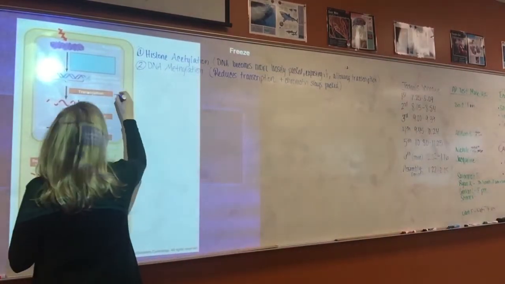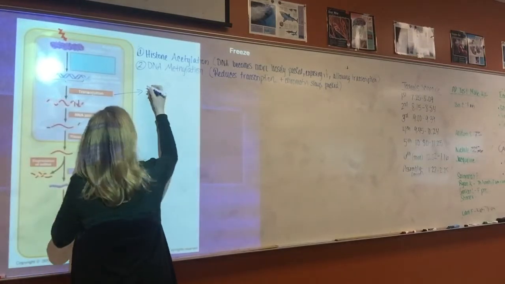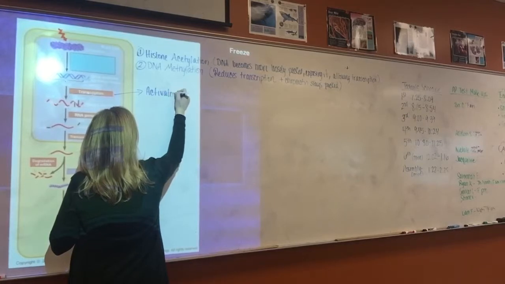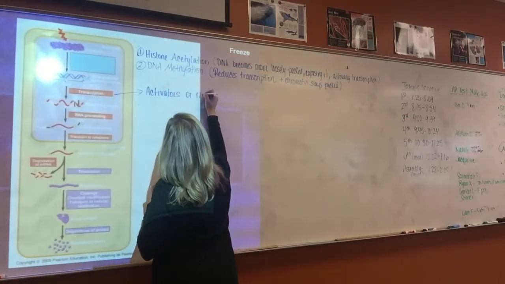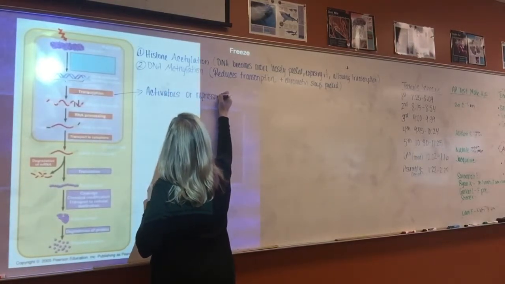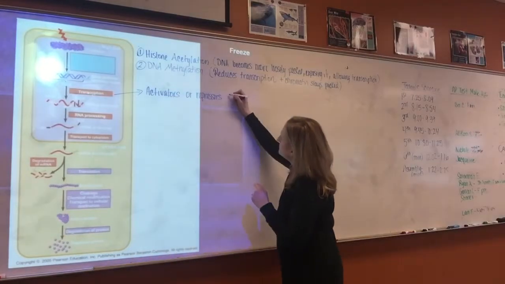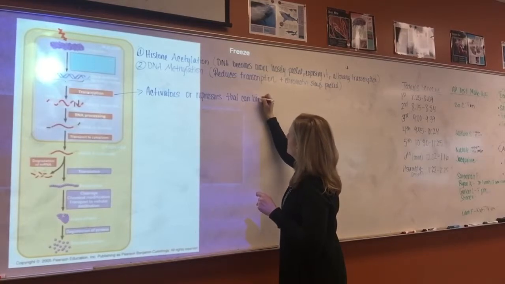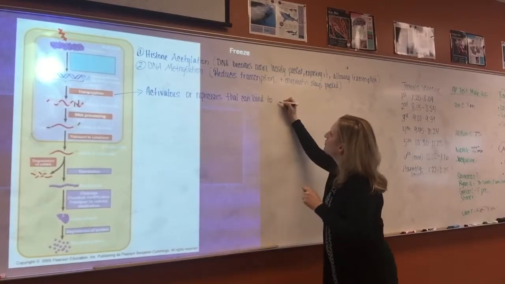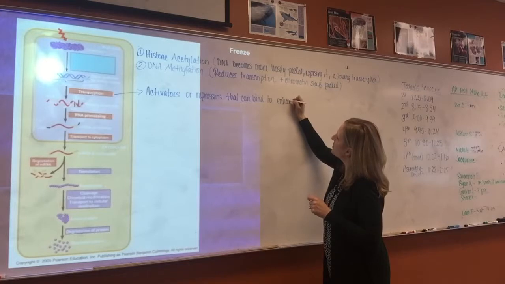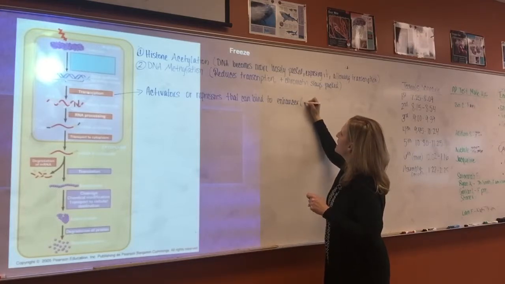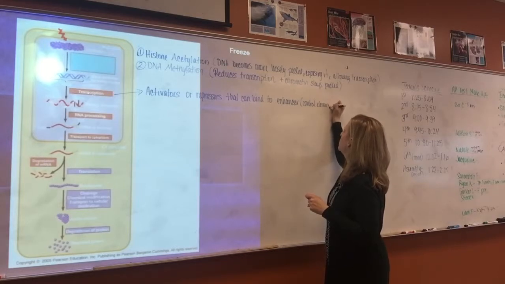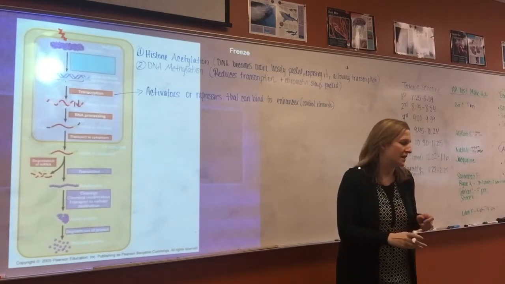So for transcription here, as Roman said, we have activators or repressors that can bind to the enhancer region. And remember, an enhancer is made out of control elements, so you can have multiple control elements making up one enhancer.